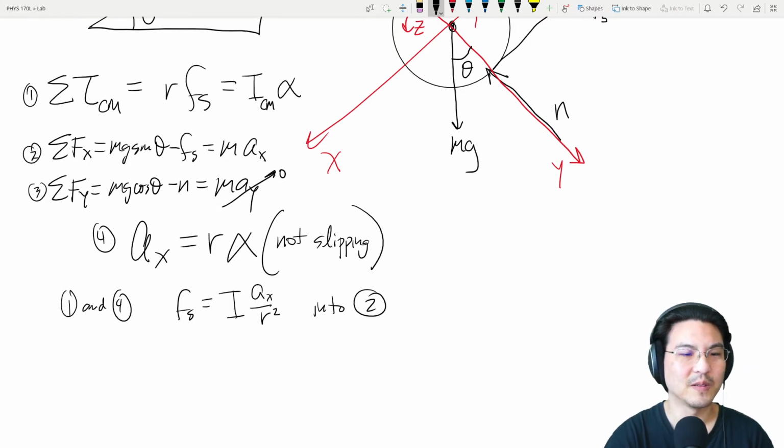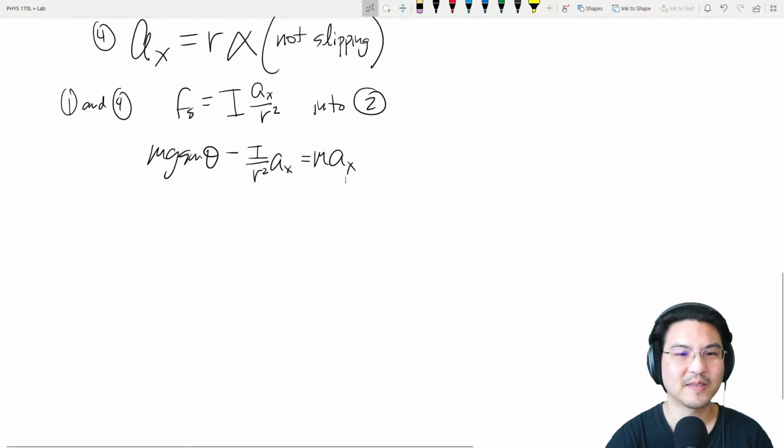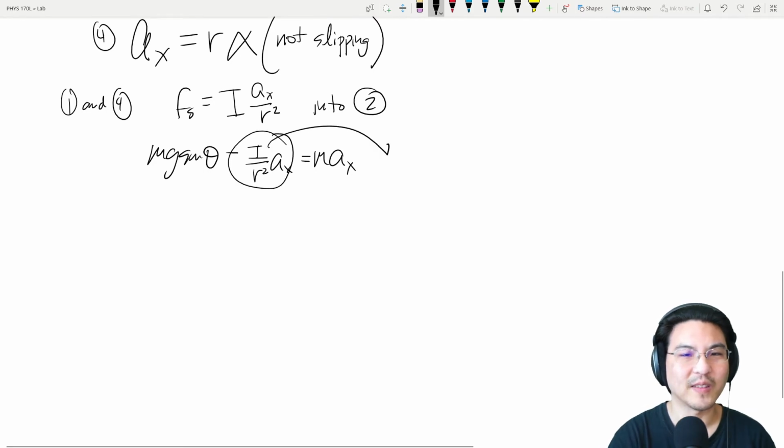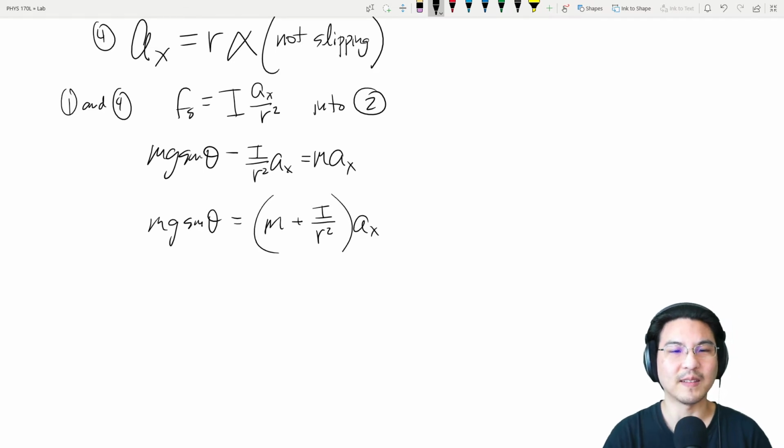Now I can substitute this right here into equation 2. So mg sine theta minus Fs, which is right here, equals m ax. Okay, so then I can solve for ax. Let me just move this on this side of the equation. Okay, and how about I see the mass over here?